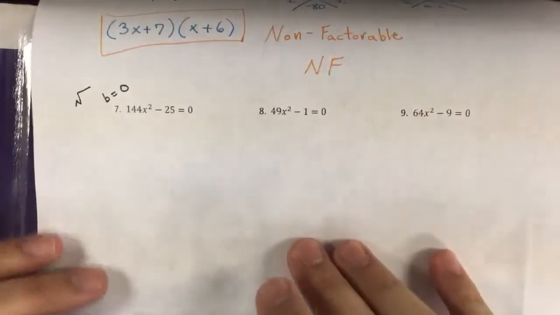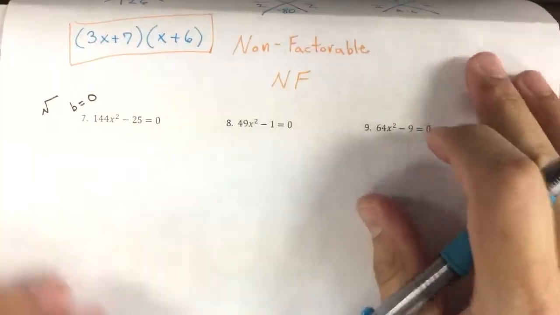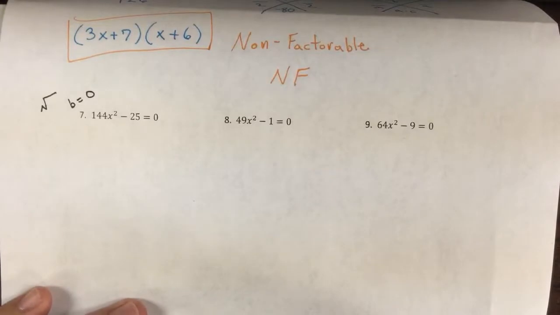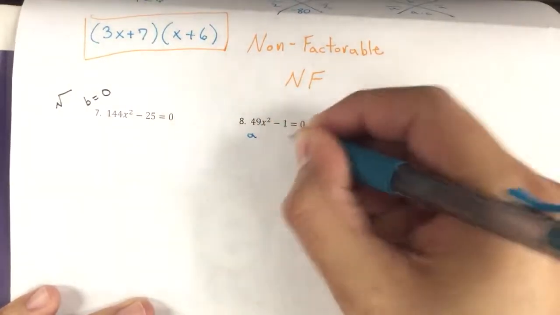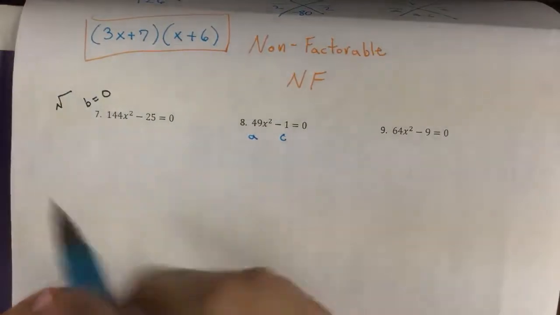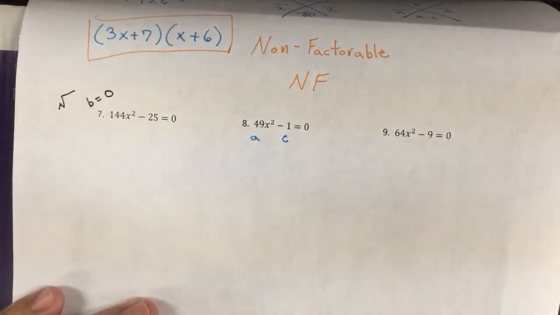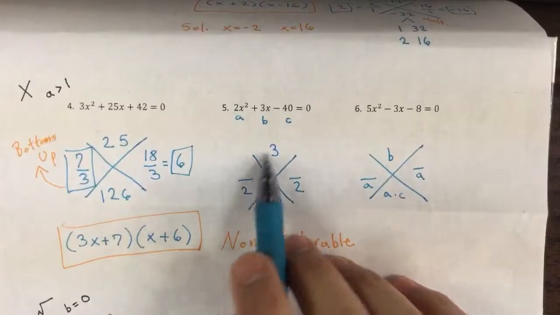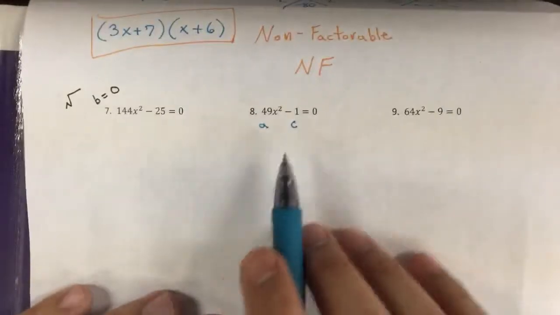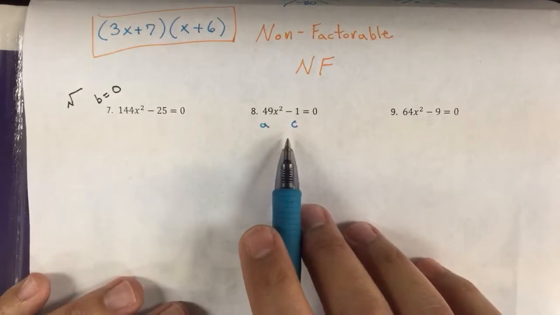All right, number 8. So I have an A term and I have a C term. My B term is missing. I do not have a B. I don't have anything x, right? I'm missing that middle term that has an x. So you can do the x method always.